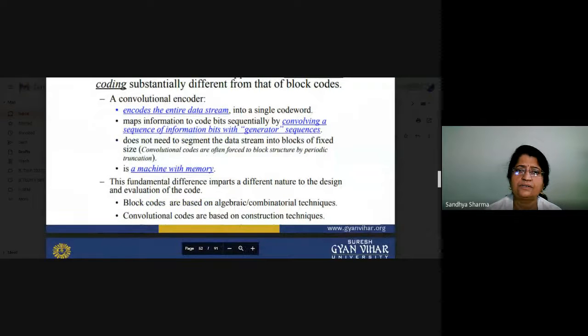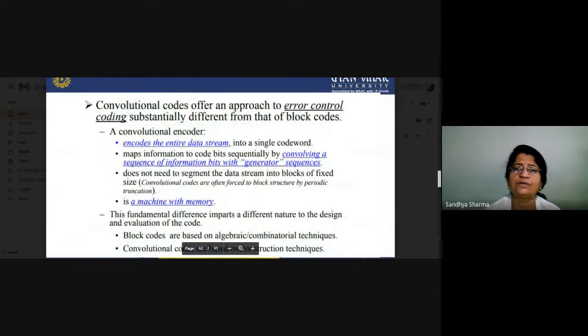Again, we have to summarize the convolution encoder. The entire data stream is encoded into a single code word. It maps information to code bits sequentially by convolving a sequence of information bits with the generator sequences of the encoder, and doesn't need to segment the data stream into blocks of fixed size.